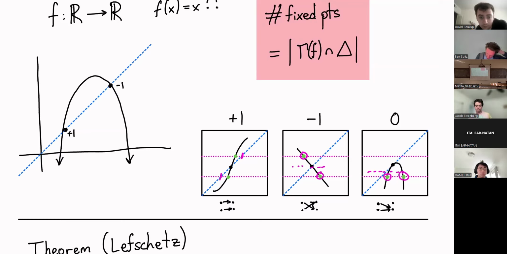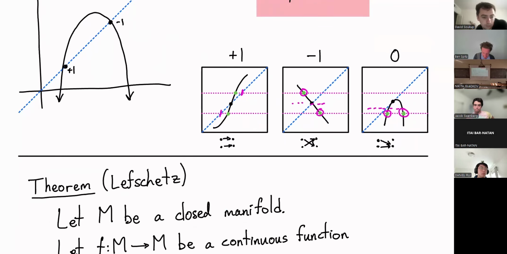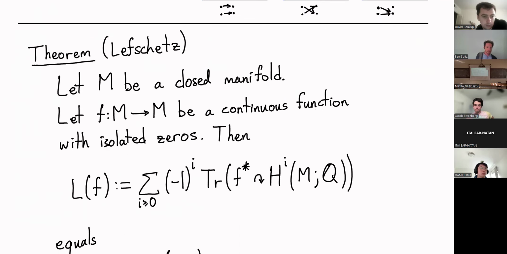Okay. And so this notion, adding up the indices of the fixed points, is invariant under perturbations of the function. And so it's plausible that we could try to compute this sum of indices of fixed points using some kind of algebraic topology technique. And the answer is yes, we can. That's a theorem of Lefschetz. And I'll just state the theorem here.